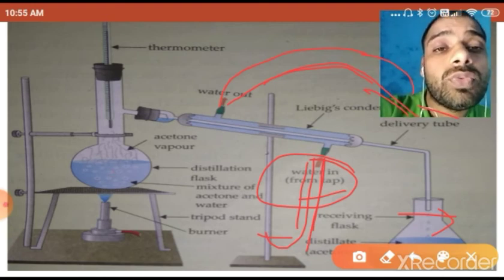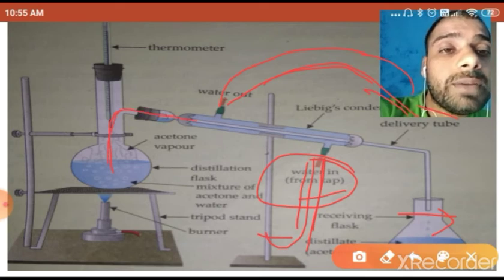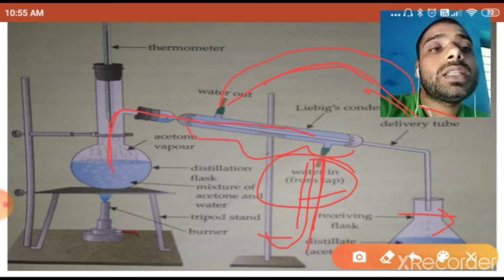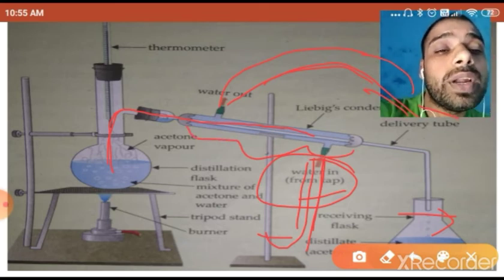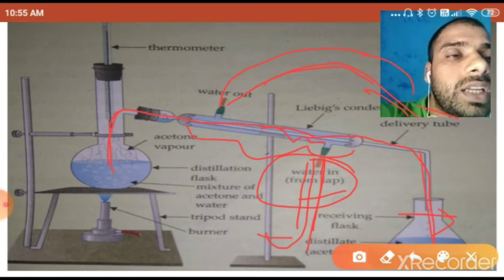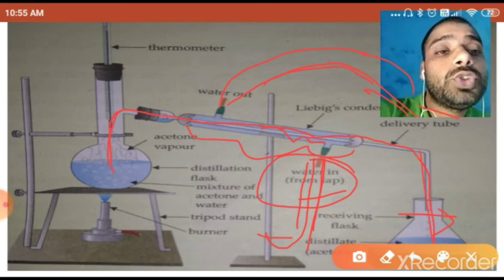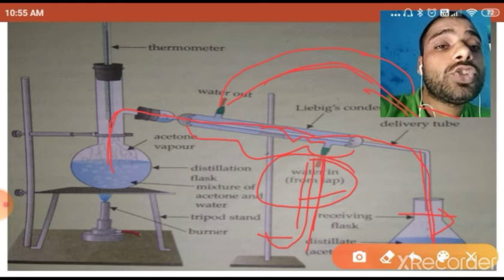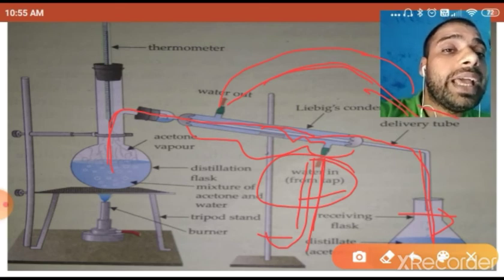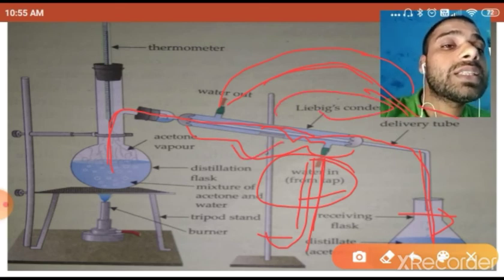Because acetone vapor will come, and the condenser's outer surface will become cold. If the outer surface becomes cold, the acetone vapor will stick onto it and change into liquid. So our aim is to provide two things, the water outlet and water inlet, and that is available in the Liebig's condenser.